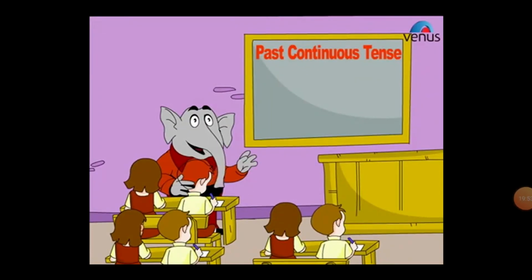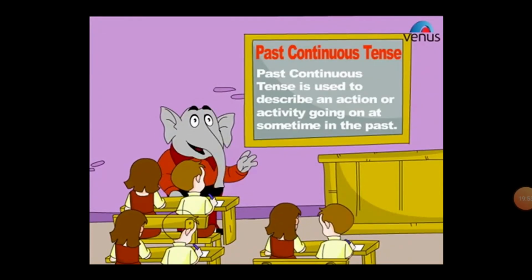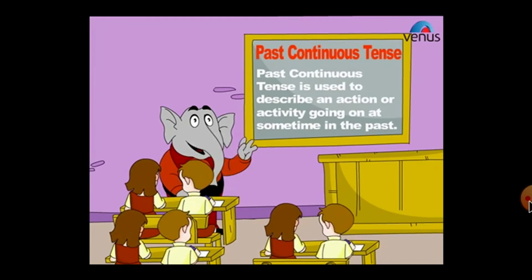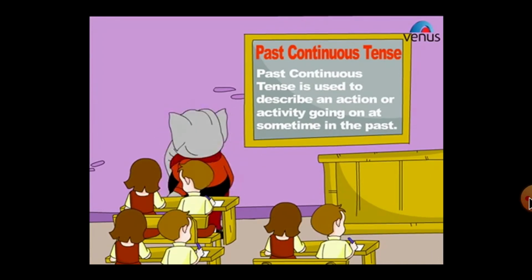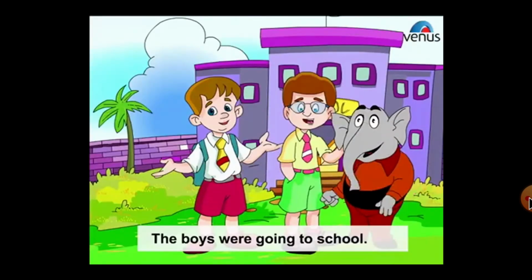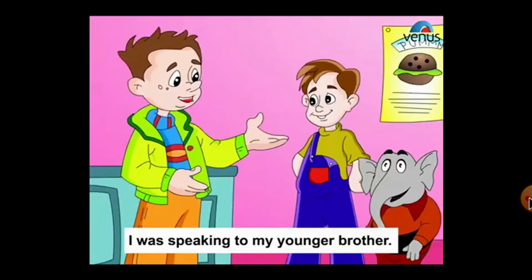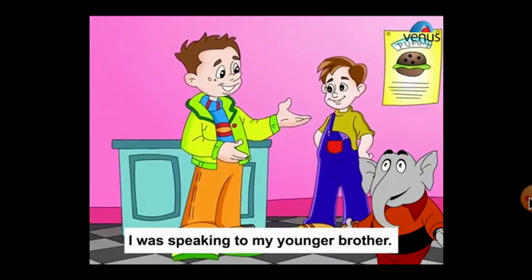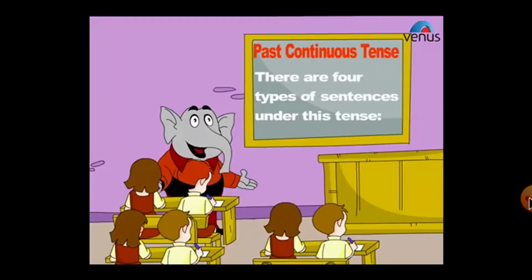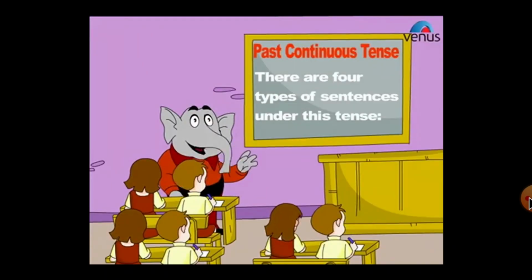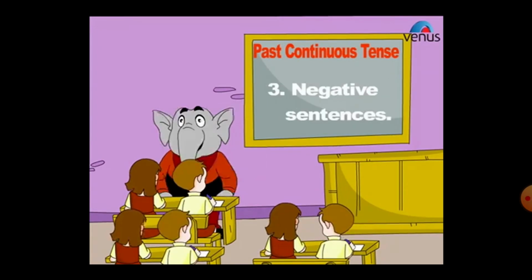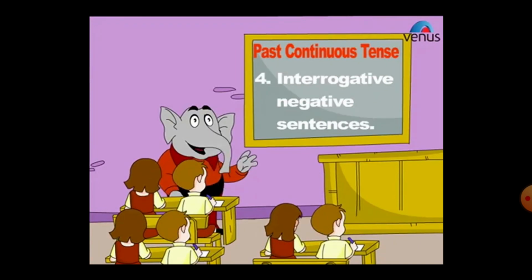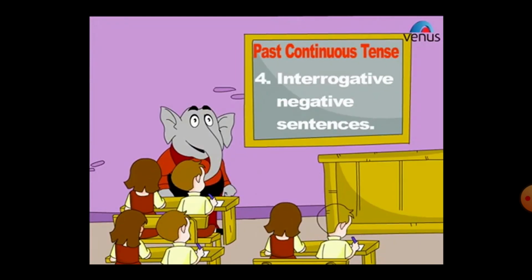Past continuous tense. Past continuous tense is used to describe an action or activity going on at some time in the past. Examples: the boys were going to school. I was speaking to my younger brother. There are 4 types of sentences under this tense: statement sentences, interrogative sentences, negative sentences, interrogative negative sentences.